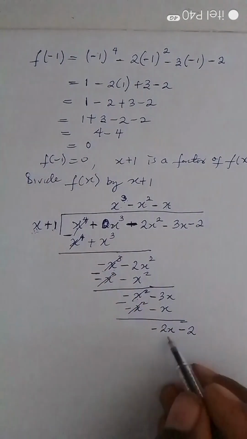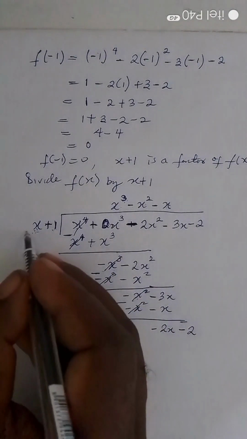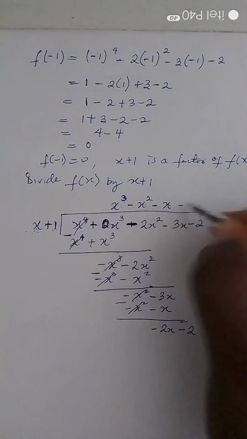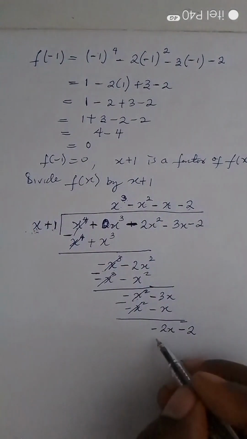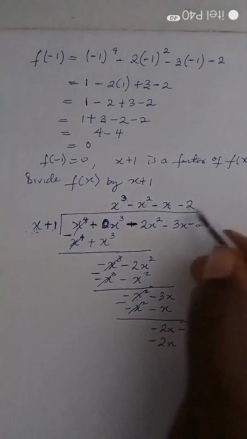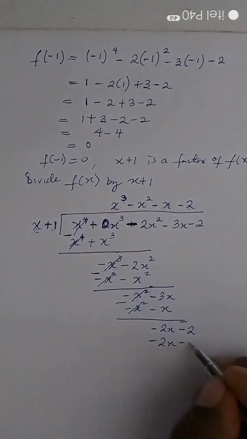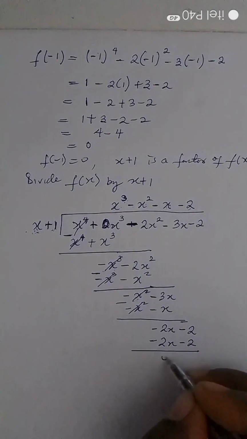So we go again to divide. Minus 2x divided by x will give us minus 2. And then of course minus 2 times x will give us minus 2x. And minus 2 times plus 1 will give us minus 2. So the remainder is 0.